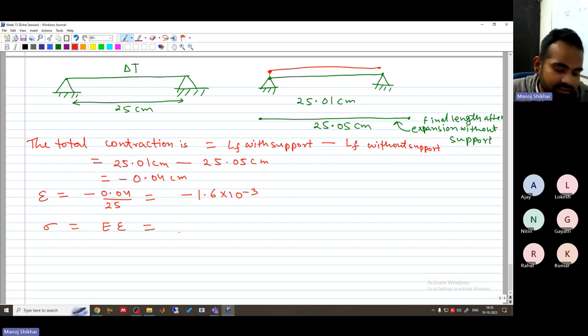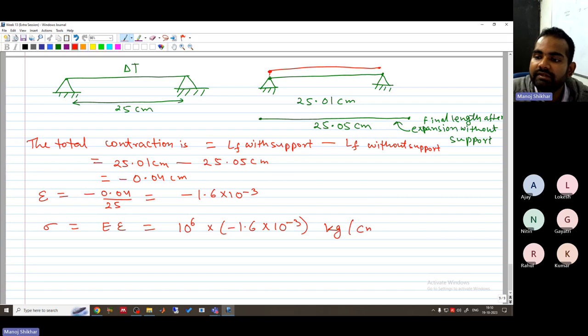So E they have given as 10 power 6 into minus 1.6 into 10 power minus 3 kg per centimeter square. Okay, so the final value of sigma is minus 1.6 into 10 power 3 kg per centimeter square.